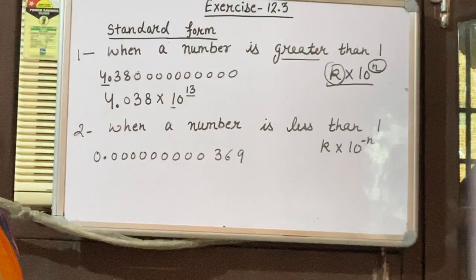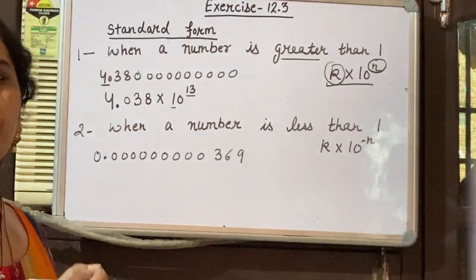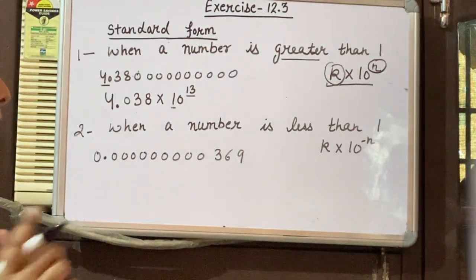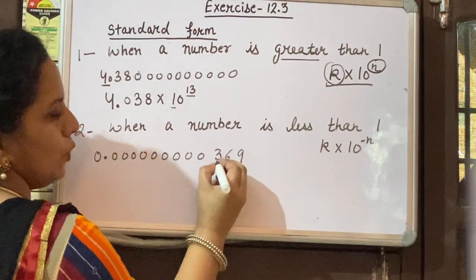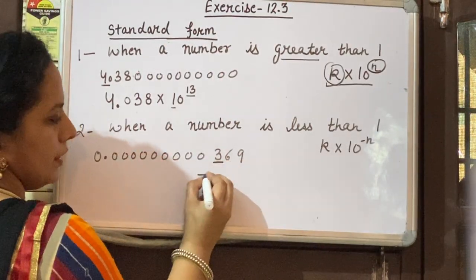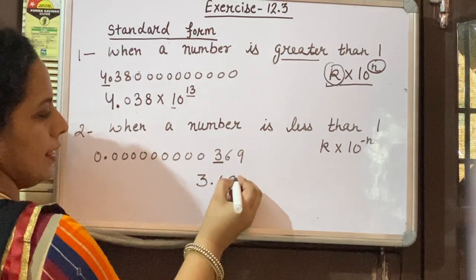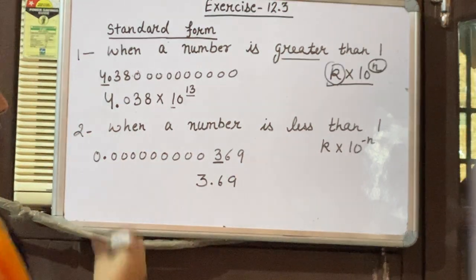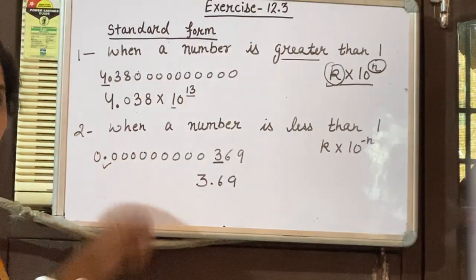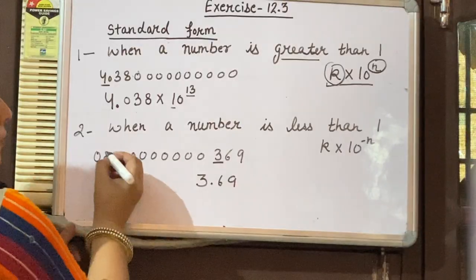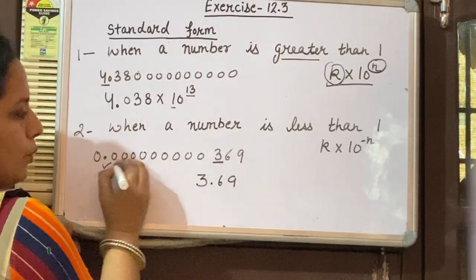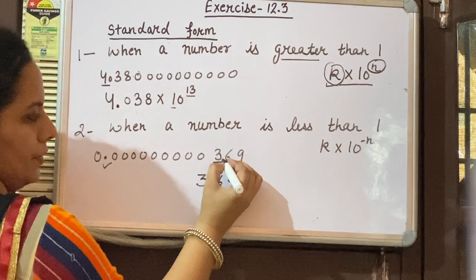So first step is put the decimal after the first non-zero number. Here the first non-zero number is 3, that means 3.69. But there is also a decimal in the original number. We moved this decimal to the right-hand side here.